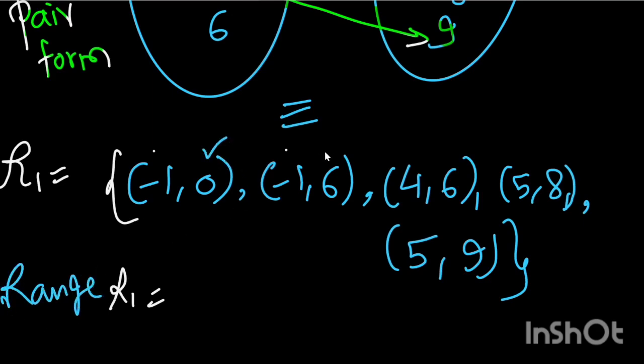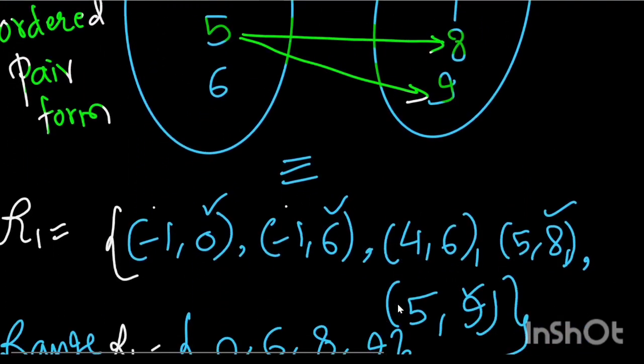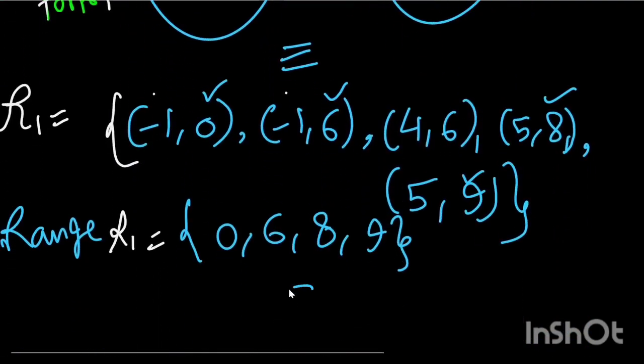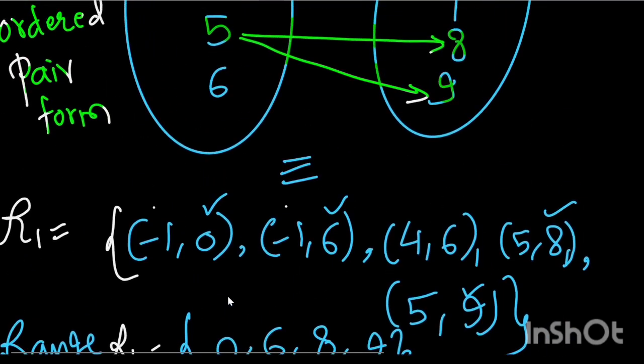So the second element collection: 0, 6, 8, 9. Okay, guys. Here as you can see 0, 6, 1, 8, 9. So it is clearly a subset of B. So the range is a subset of set B. So that is the range.